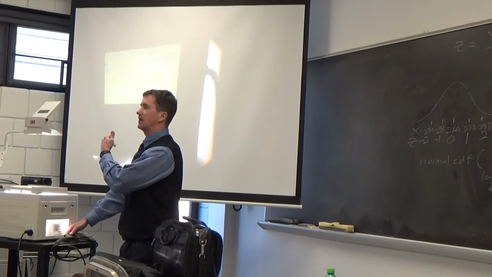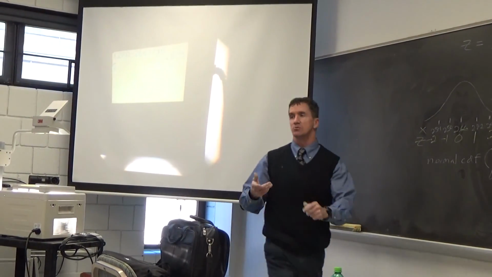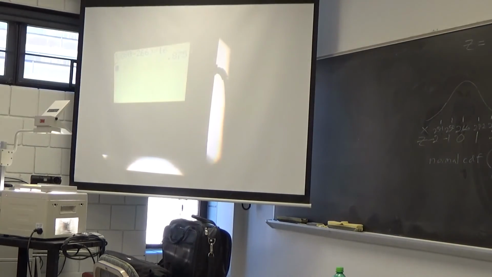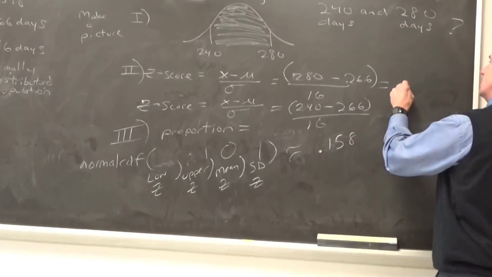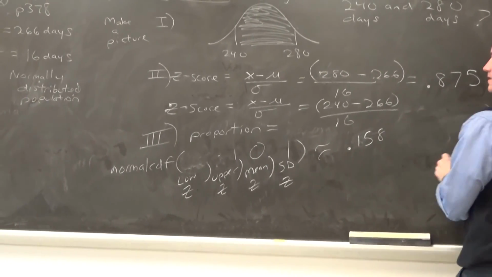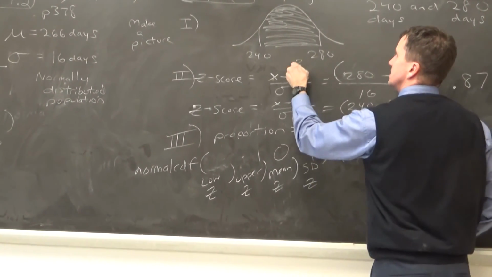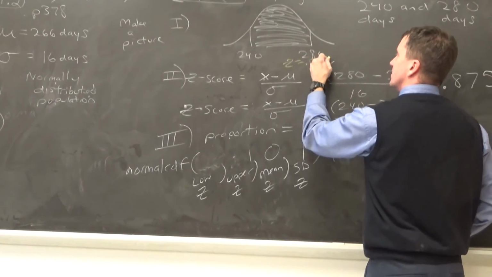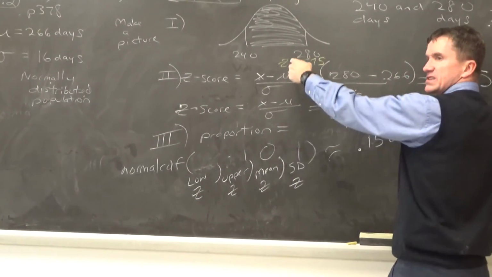I'm writing it all out. I'm not rounding that, because I'm in step 2. Don't round that early. And I get 0.875, right? That's the z-score. Right here, z equals 0.875.